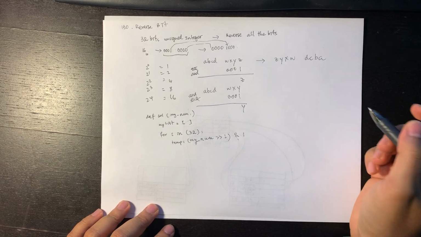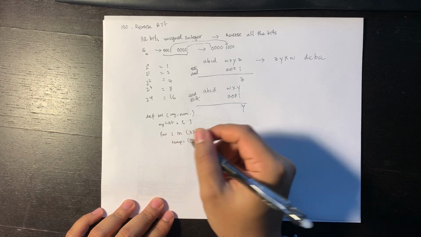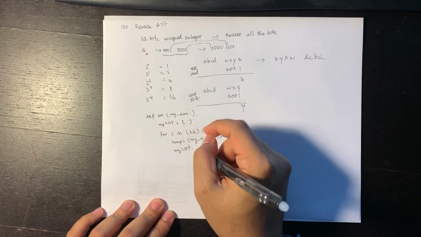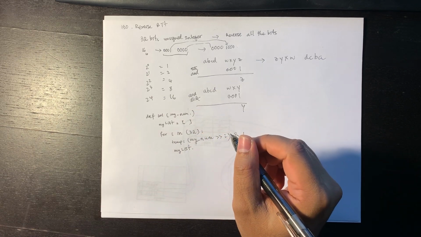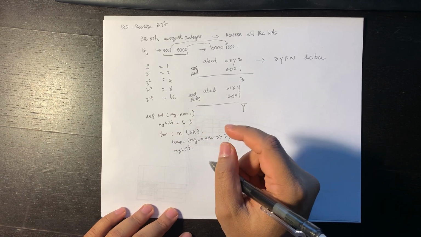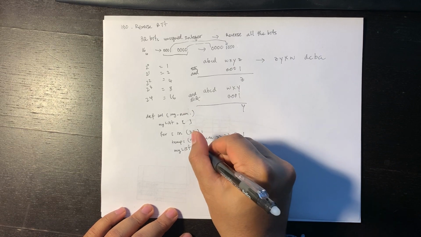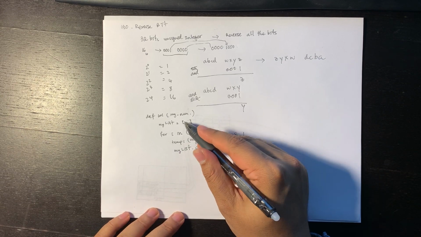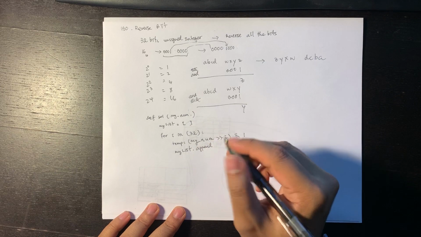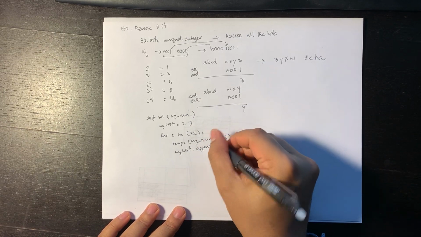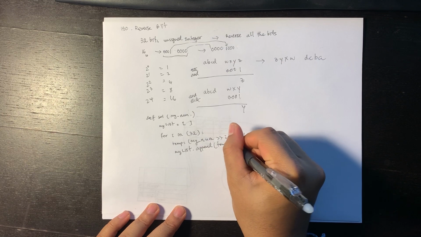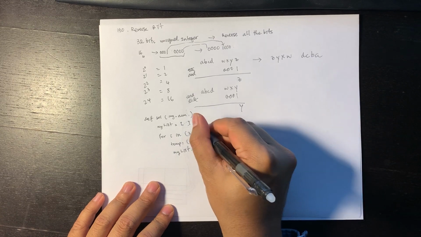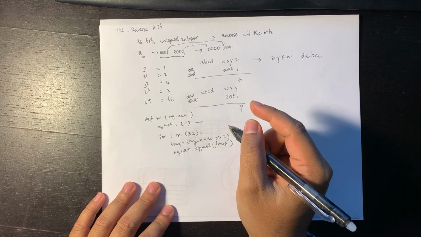So we want to AND it with 1. Then we want to do my list dot append bit. Now we got all the information of my num.